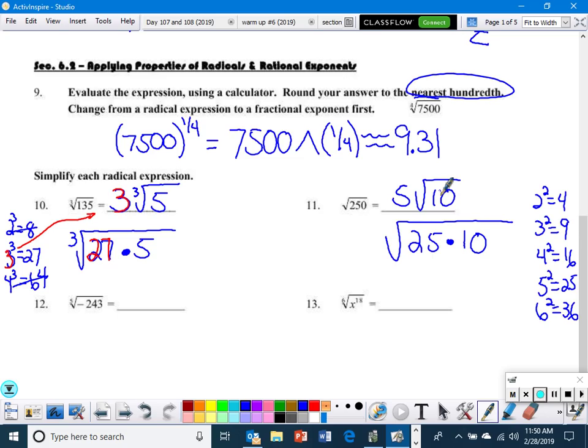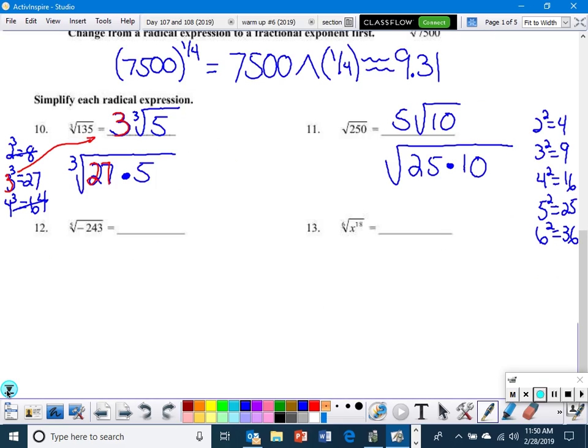All right, number 12. So we have the fifth root of negative 243. All right, well, fifth roots, let's just go through a few.